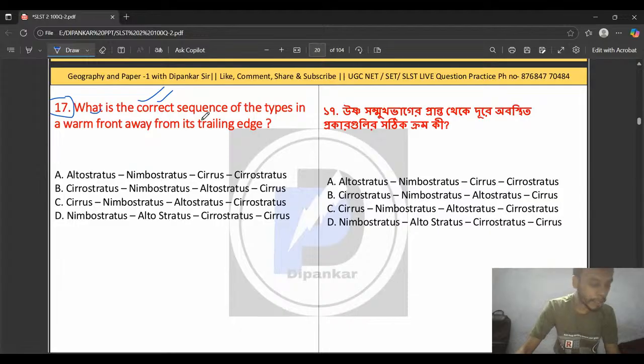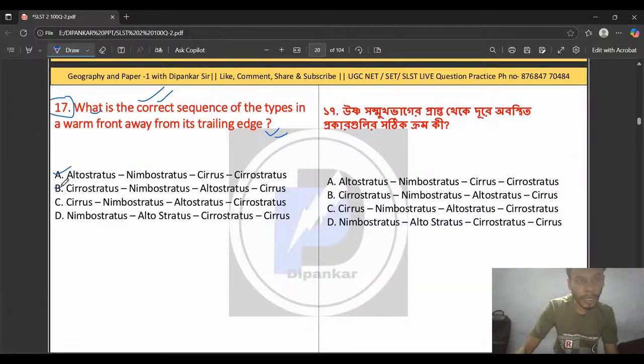What is the correct sequence of the cloud types in a warm front, away from its trailing edge? Option A, altostratus, nimbostratus, cirrus, and cirrostratus.